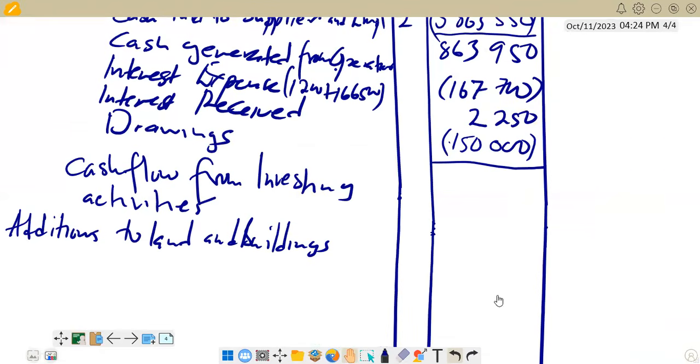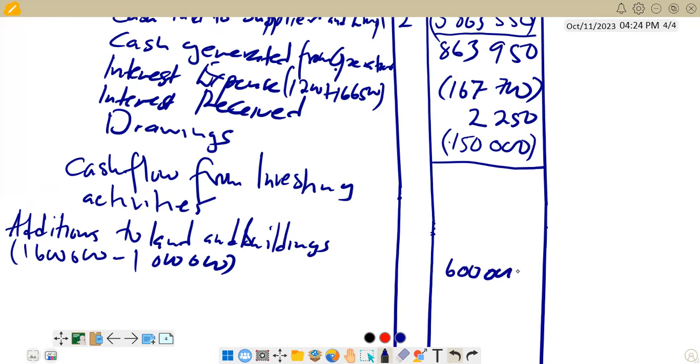So we can just summarize that working there for land and buildings. These are additions. So we are just going to say 1,600,000, then we subtract 1 million. And remember, here we are purchasing. So when we are purchasing, money is going outside the business, so it's an outflow.